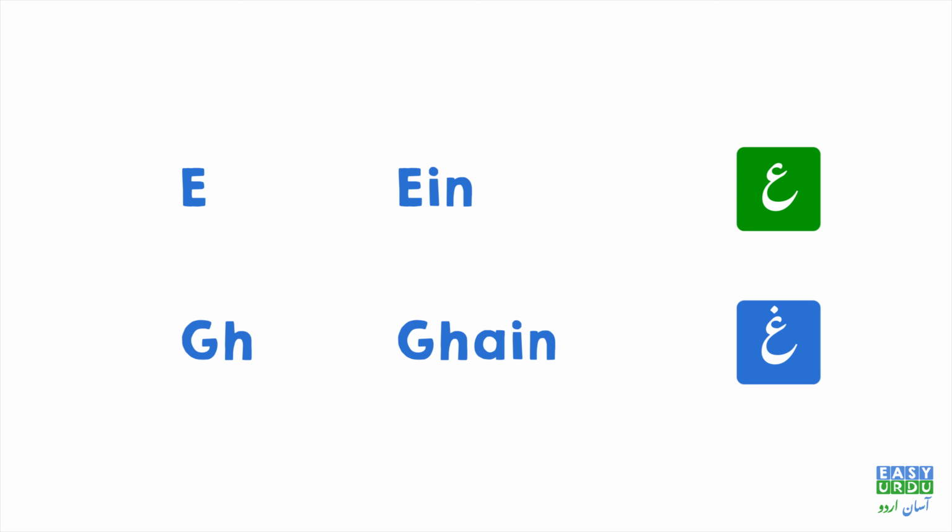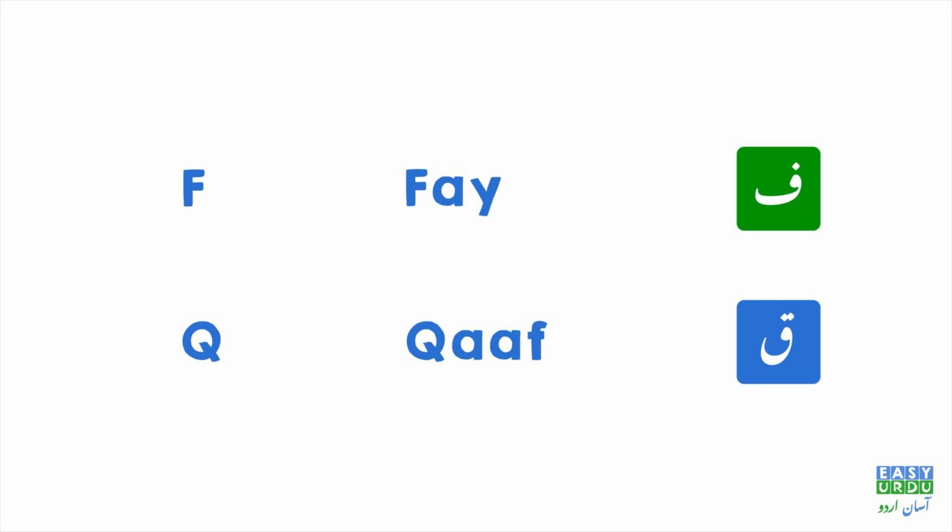Ein. In English, it sounds like E. Rein. In English, it sounds like GH. Fe.